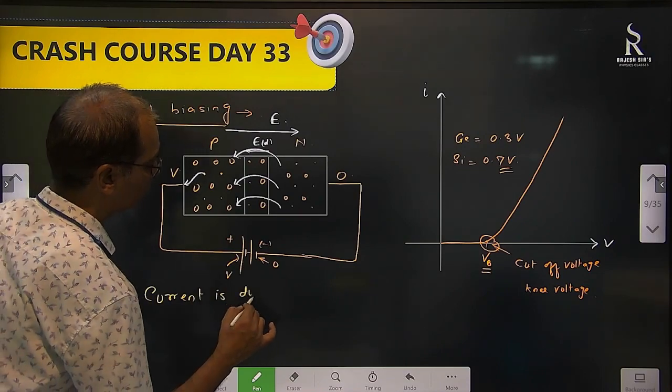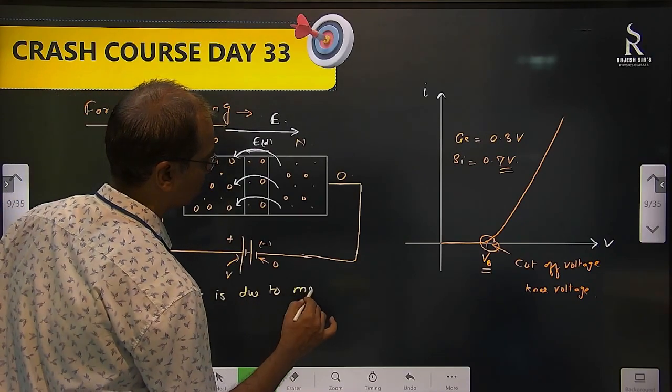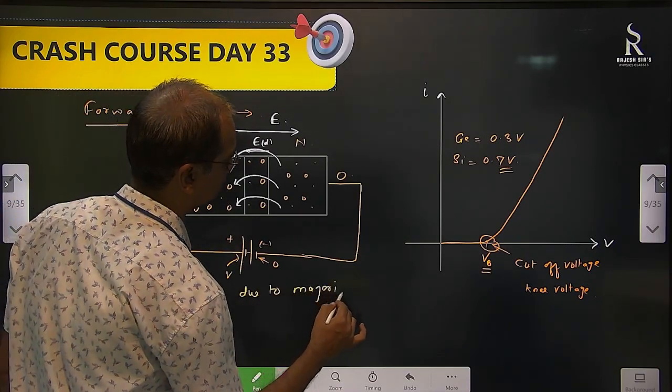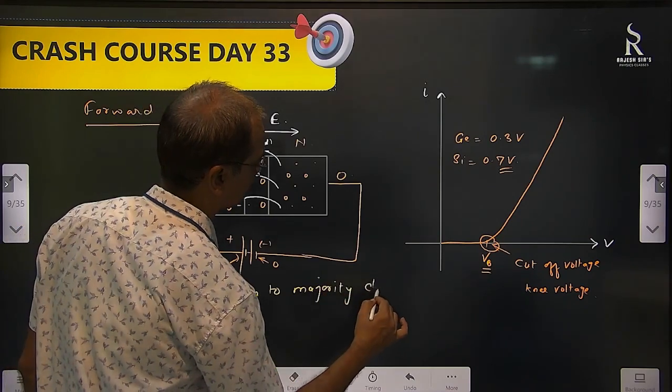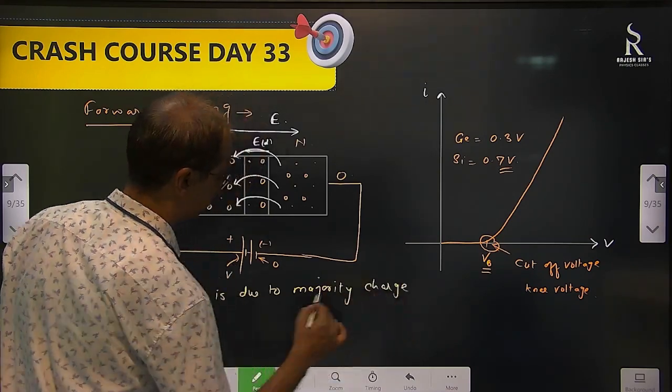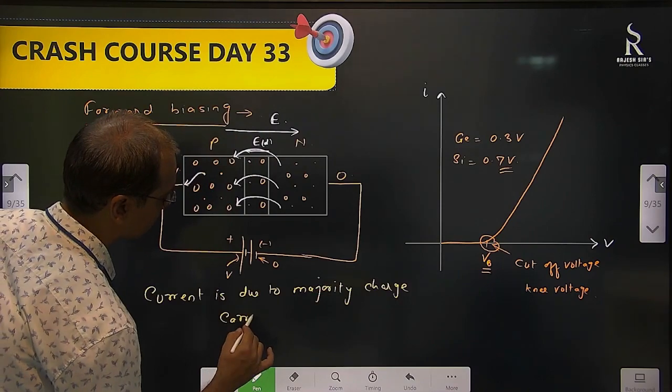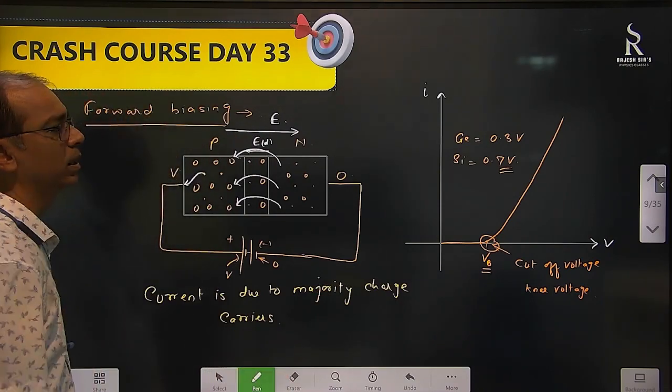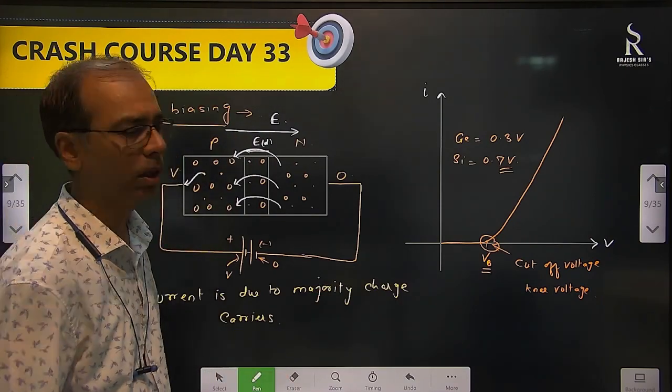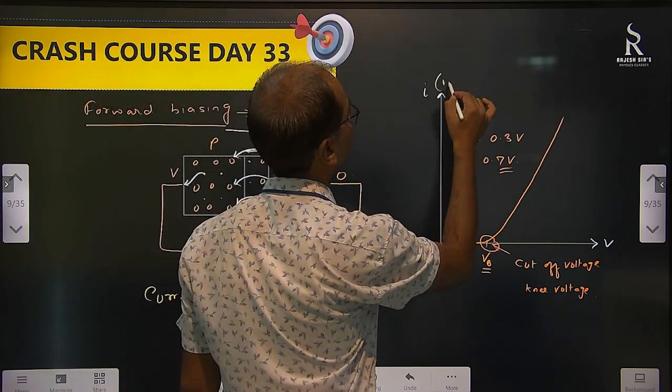And the current that we get, its range is in milliamperes. Let's say I in milliamperes.